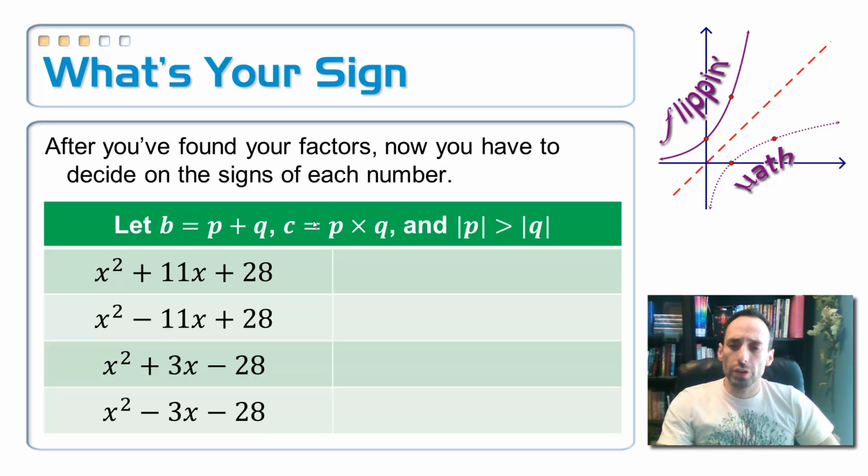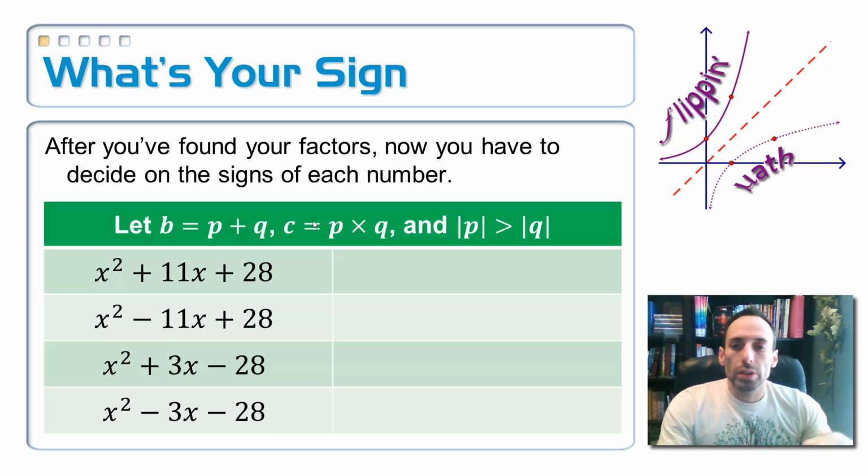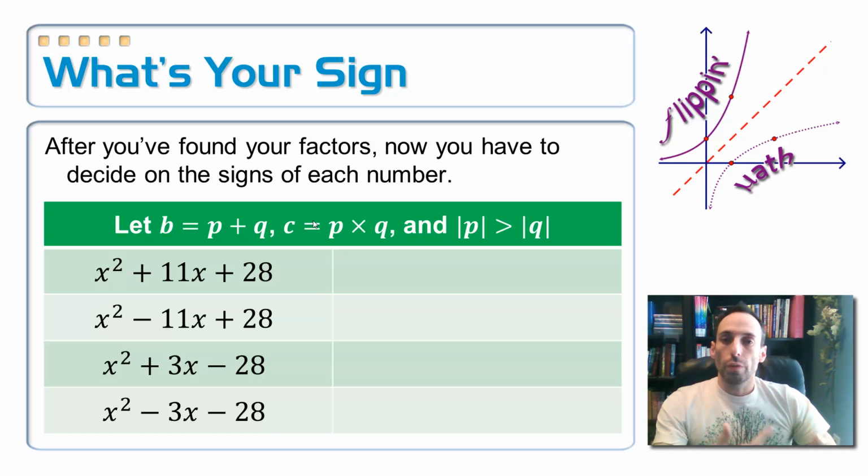The first trinomial is x squared plus 11x plus 28. I'm looking for two numbers that multiply to 28 and add up to 11. 4 and 7 are my two numbers, because 4 times 7 is 28 and 4 plus 7 is 11. That's how it would factor.